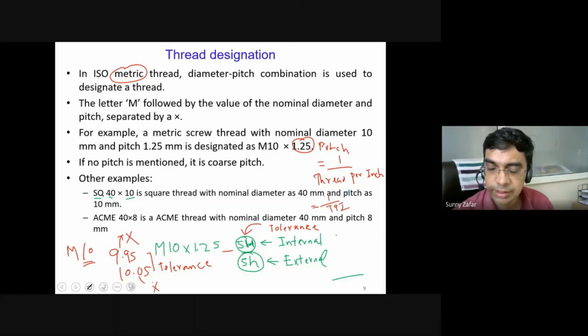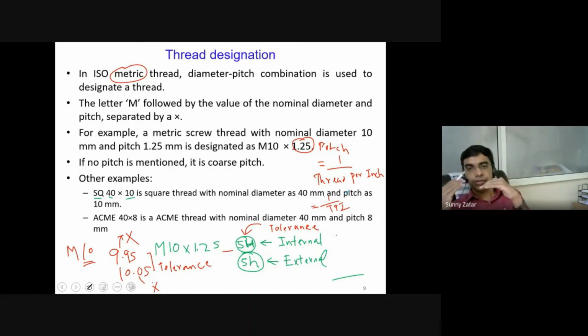So why is this important? Whenever you are producing threads on any machine, generally what we have to specify is the number of threads per inch. In 1 inch, how many threads will be coming? That will give us some idea about the pitch of the threaded fastener.